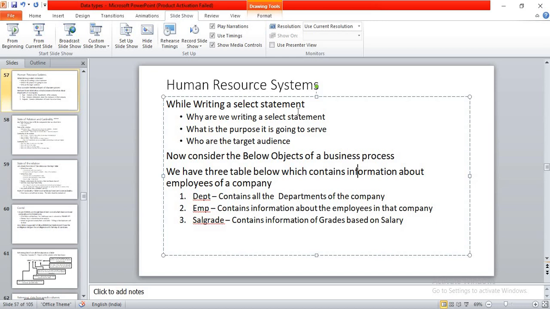See, when you are writing a SQL statement and getting an output, is it going to address the issues of a low level manager, a medium level manager, or higher management? Or is it going to serve the people who are in the sales department or in the accounting department? So you have to have all those clarities. That is where your target audience also comes from. So for whom are you targeting that? You have to have this clarity when you are writing your select statement.